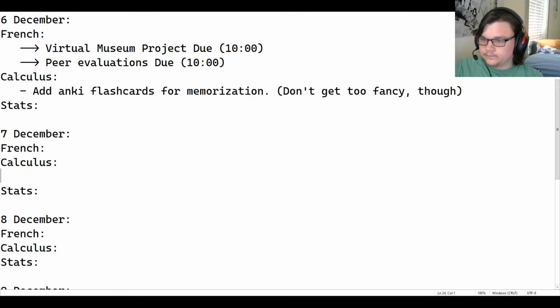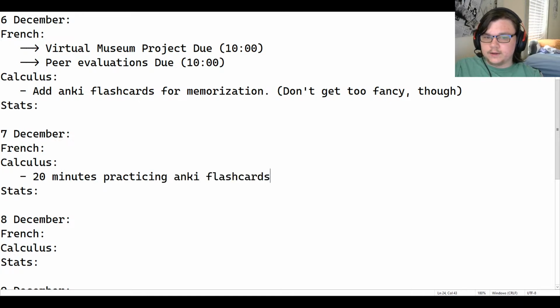We'll say 15 minutes. We'll say 20 minutes. 20 minutes practicing Anki flashcards. That's not all I'm going to be doing, but I want to add that so I don't forget about it.